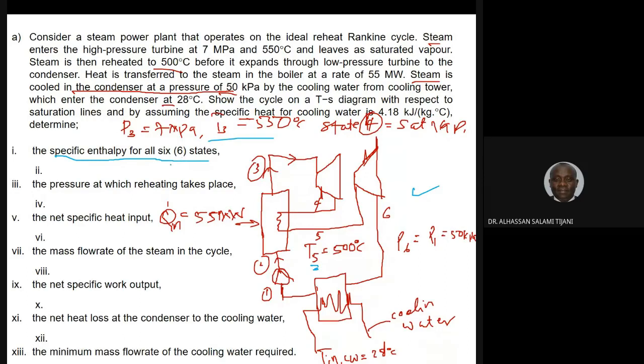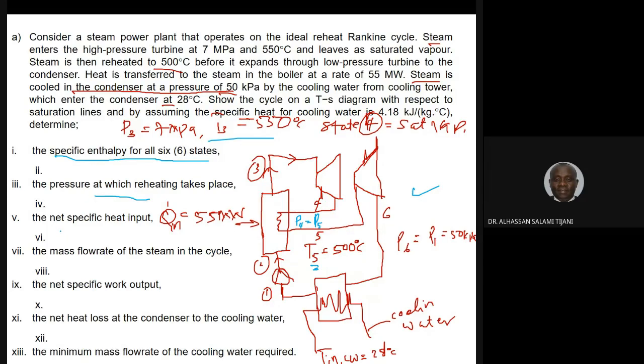All right. So now we need to also determine the pressure at which the reheating takes place. For reheating, we want to find the operating pressure at P5, or P4, which is the same as P5. We need to find the pressure at that state. So that is for the second question.